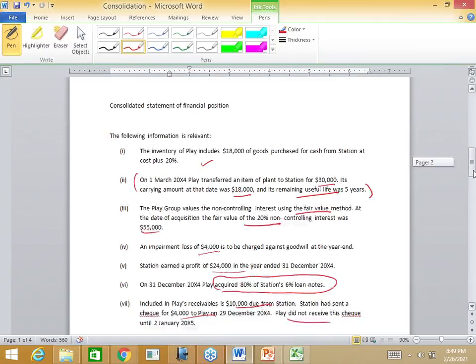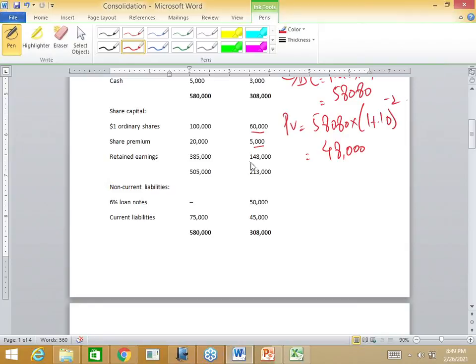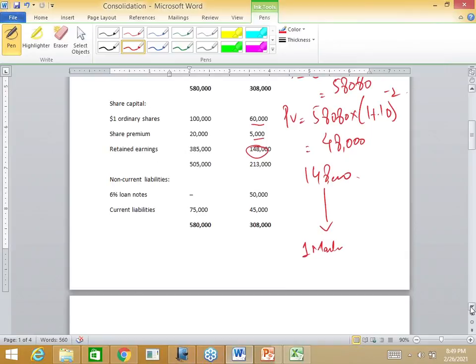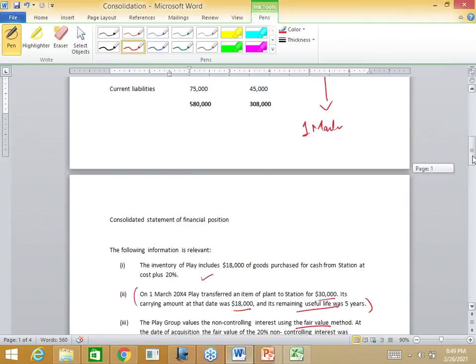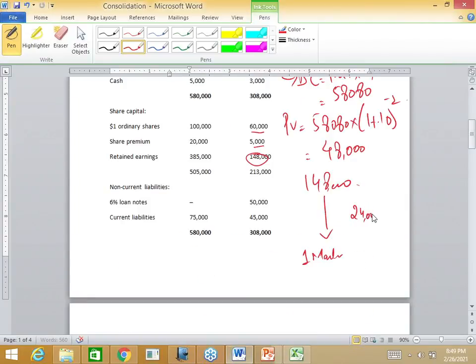Now talking about the retained earnings. We have been given 148,000 retained earnings at the end, and you need to calculate the retained earnings on 1st March. 1st March means you need to calculate the retained earnings 10 months before the reporting date. The current year's profit is 24,000, so the profit for this 10 months period is 24,000 into 10 upon 12.